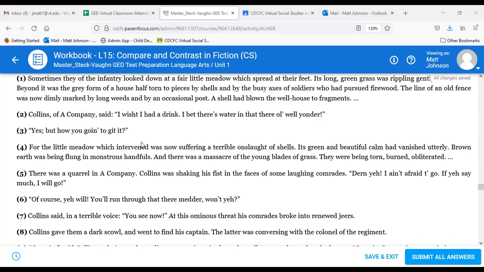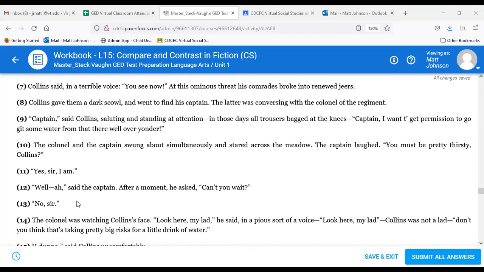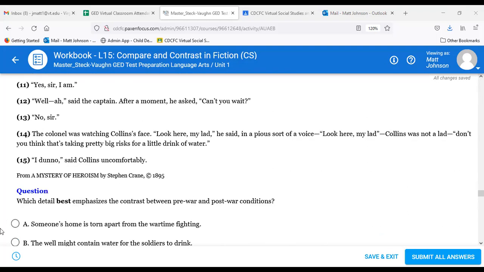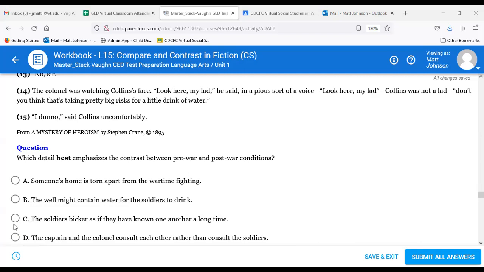The apostrophe after the T cuts off the word "to," just "go." And "if you say much, I'll go." You can think of it as a thick accent that the author is implying by using incorrect spellings and weird punctuation. "You'll run through that metter," instead of meadow, "metter, won't you?" So there's obviously a very thick accent that the author is trying to express with that type of language. So Grace, you want to go ahead and read the question for us too?